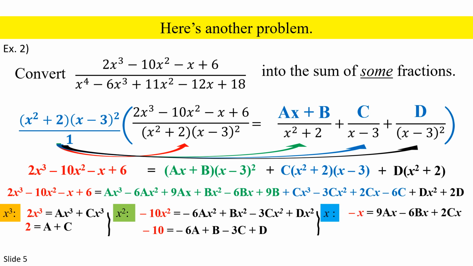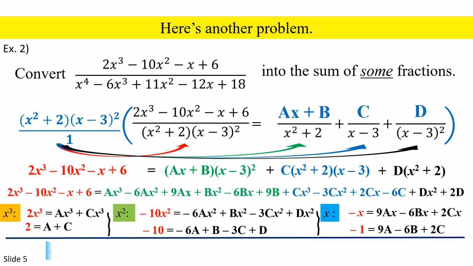For our linear terms, we get negative x equals 9ax minus 6bx plus 2cx, or negative 1 is 9a minus 6b plus 2c. And then, of course, our constant is 6 equals 9b minus 6c plus 2d.